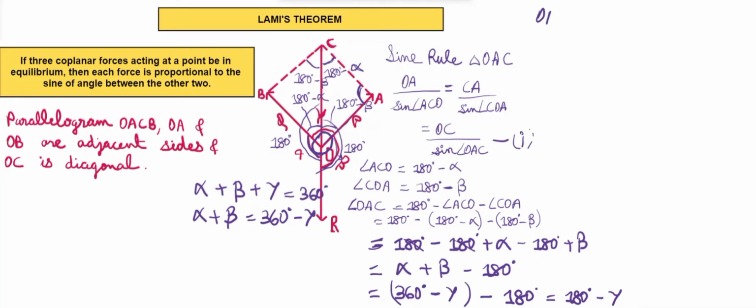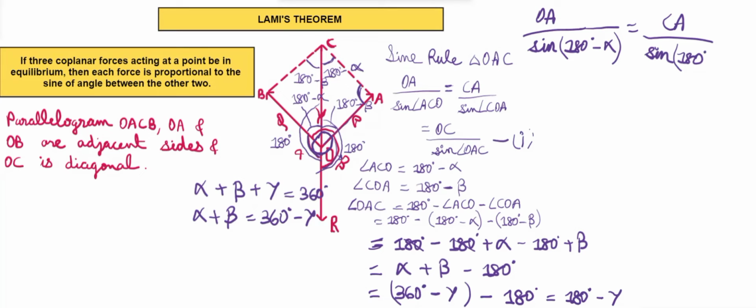We'll just substitute: OA upon sine of 180 minus alpha is equal to CA upon sine of 180 minus beta, and this is equal to OC upon sine of 180 minus gamma.